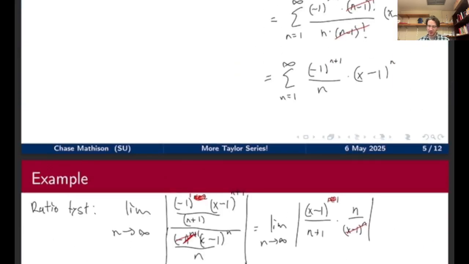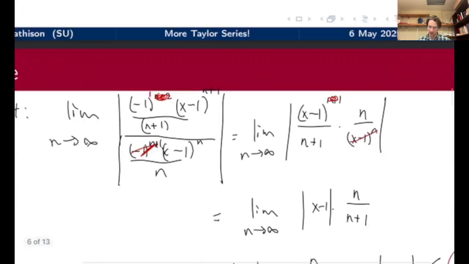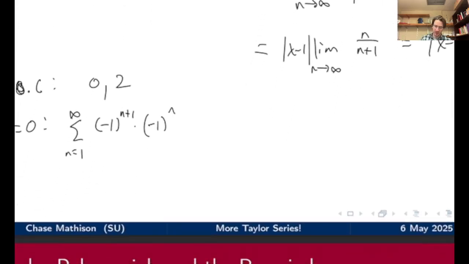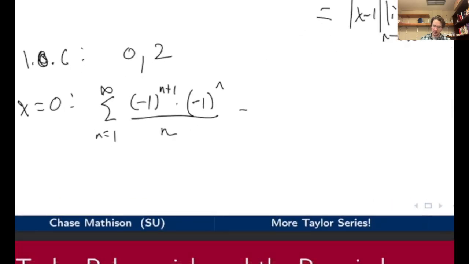So when I plug in x equals 0, what do I get? I get the sum n equals 1 to infinity of minus 1 to the n plus 1 times minus 1 to the n, all over n. This is the sum of minus 1 to the 2n plus 1.